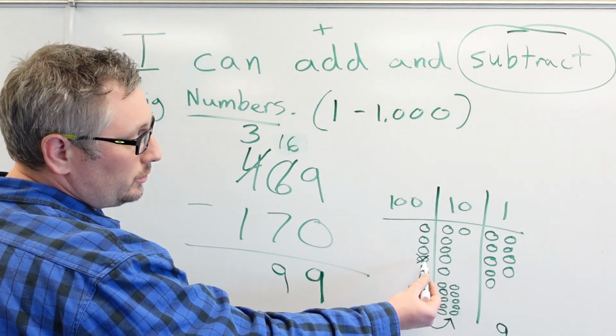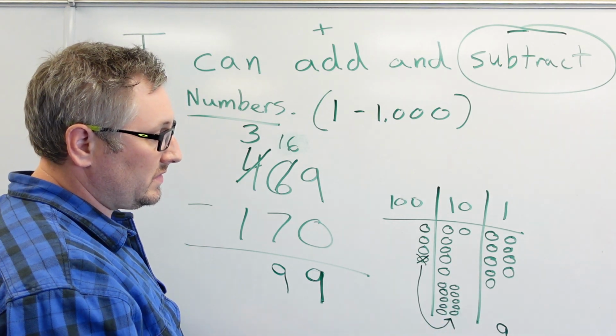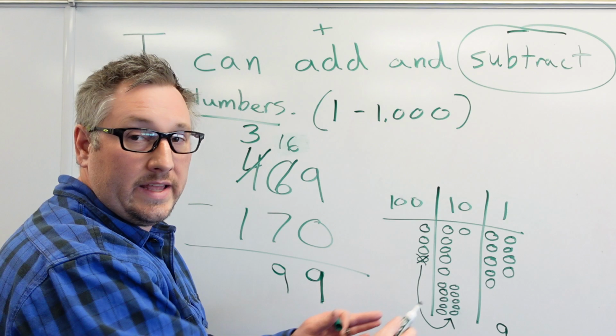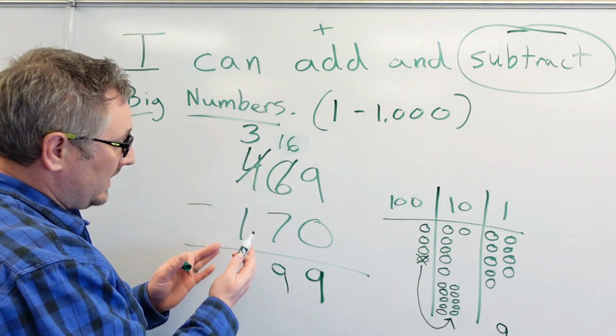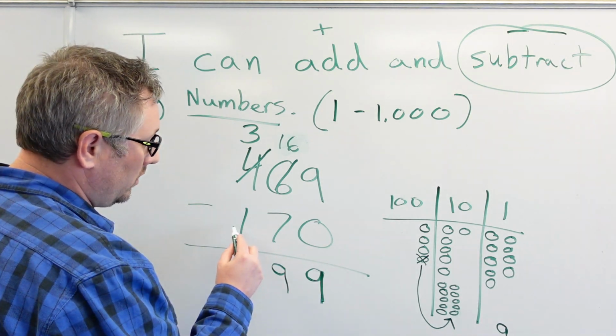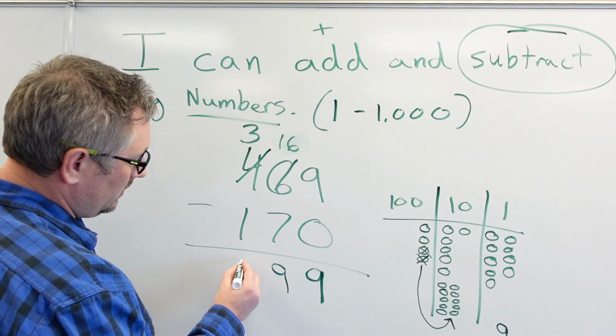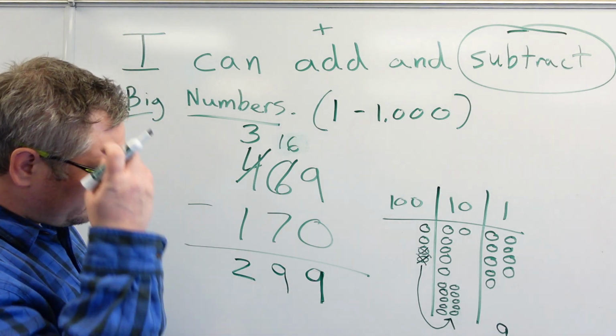Since I borrowed 100 and I took it over to the tens column, 100 is equal to 10 tens, I now see that I have 3 hundreds left. 1, 2, 3. I can take away one of those hundreds. That gives me 2 hundreds left.